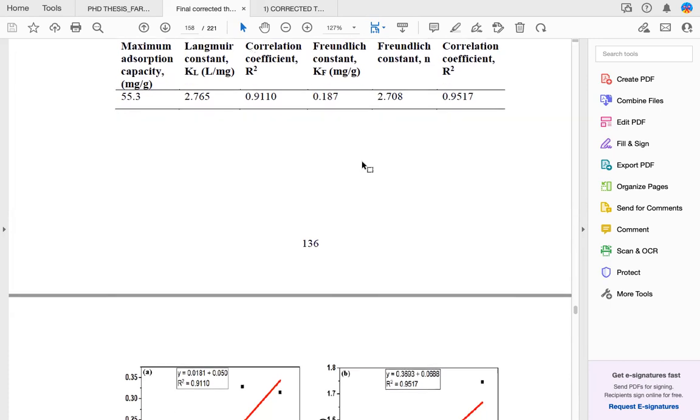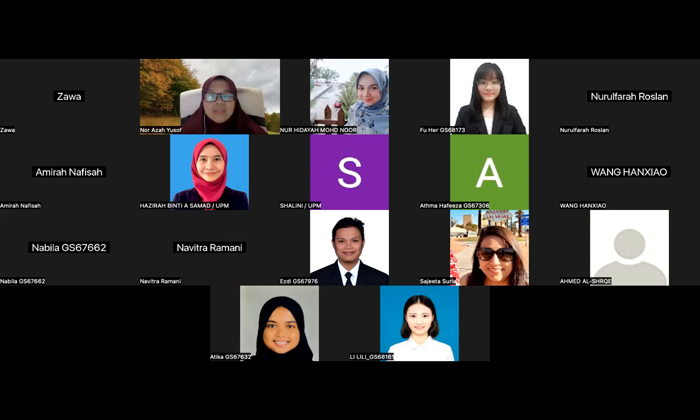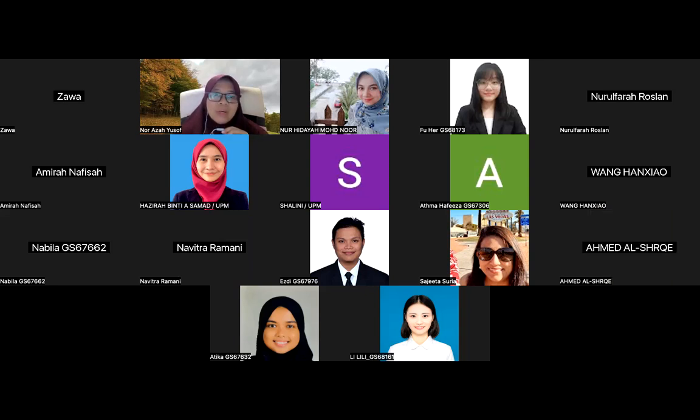Okay, so I hope by now it's not just about how to write a thesis, but you have to understand the basic principle of each characterization. Let's say how does Raman work, how does UV-Vis work, how does fluorescence work, because that enables you to discuss efficiently, because you know the fundamentals.